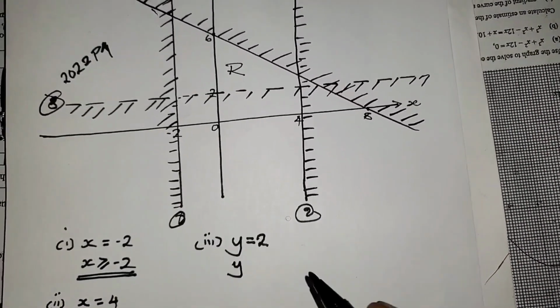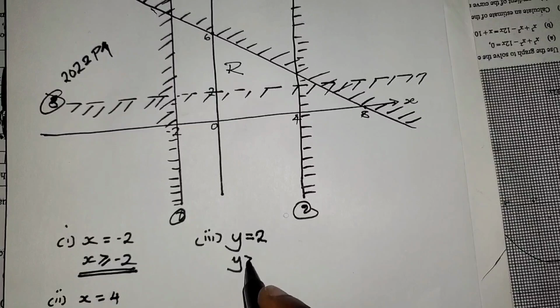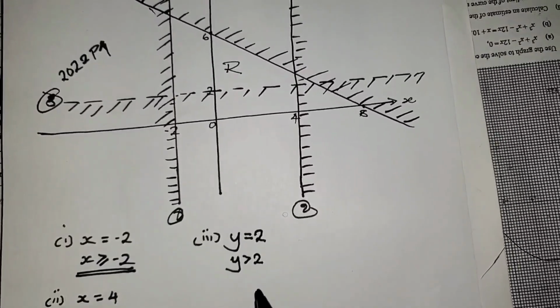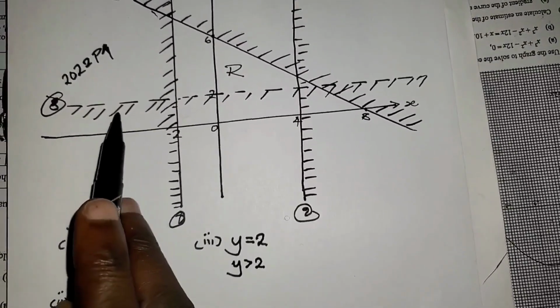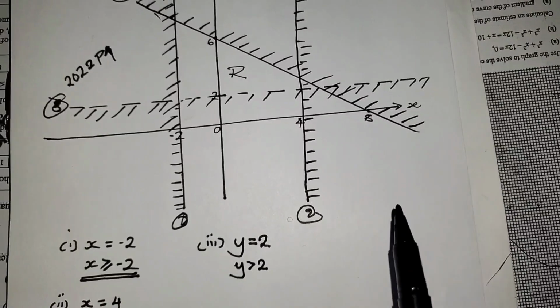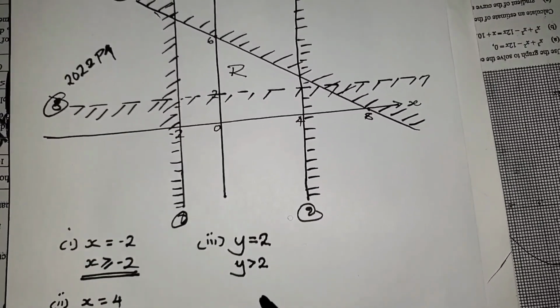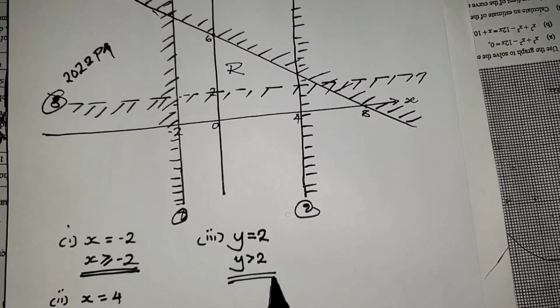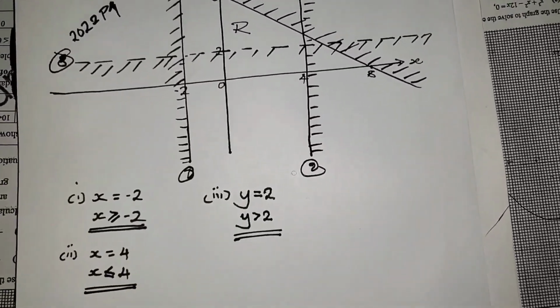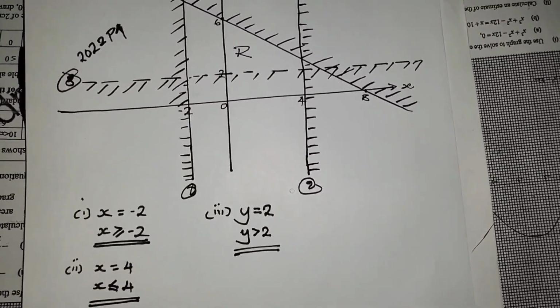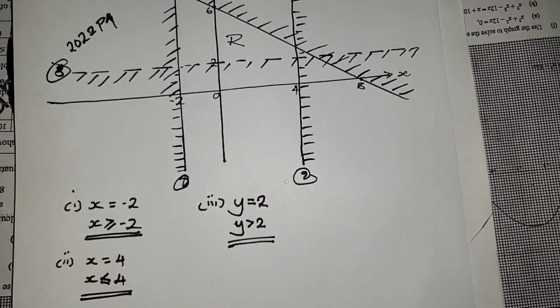The wanted region is on the greater than, so we're going to say greater than 2. Now check, the line is dashed, so you don't put the 'or equal to'. Okay, so this is the answer. So far we've gotten 3 marks.